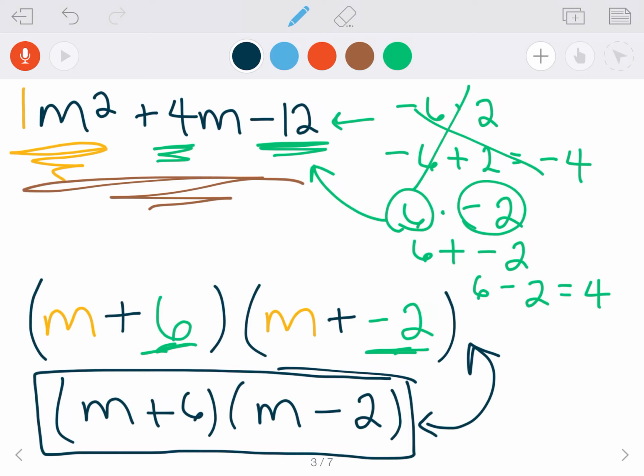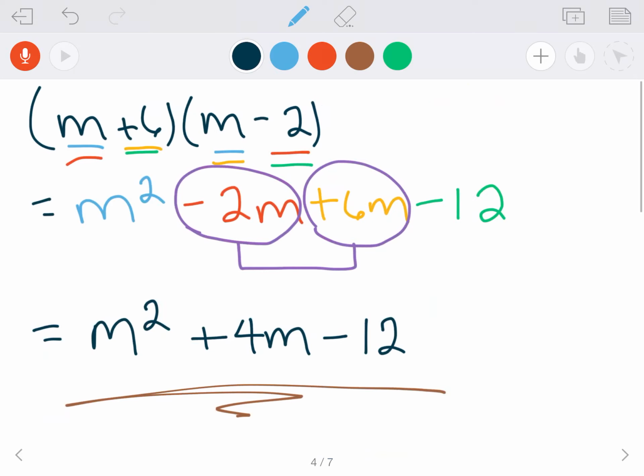Let's do one more example where both the linear term and the constant term are negative. How about, what's a letter that we don't use very much? How about p? p squared minus 6p minus 16.